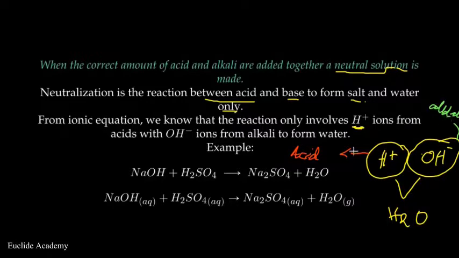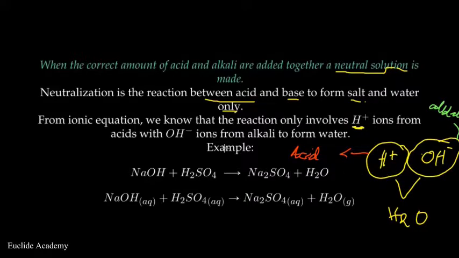So we've got an acid producing hydrogen ions in dissolved state, and an alkali producing hydroxide ions, and when these react they give us water. What's important for us is to note the chemical reactions between an acid and an alkali, which are basically reactions between hydrogen ions and hydroxide ions.